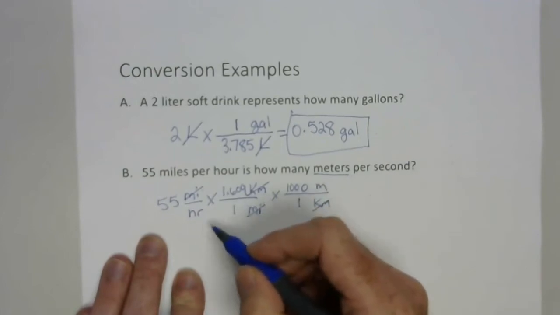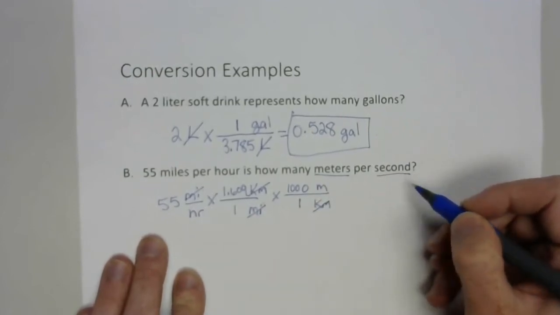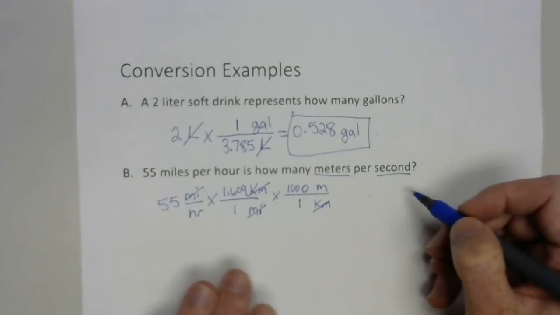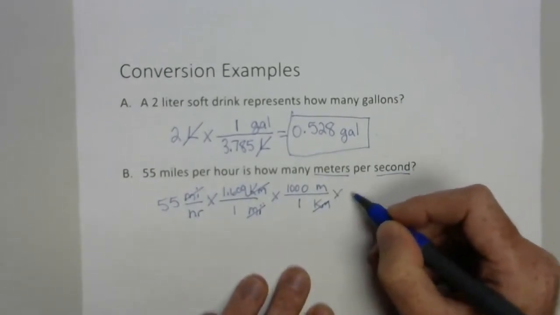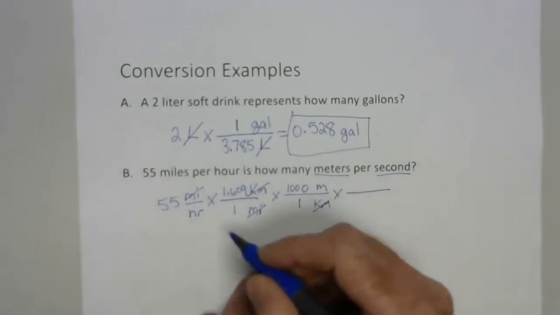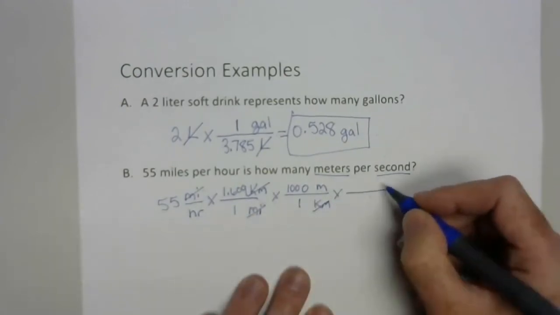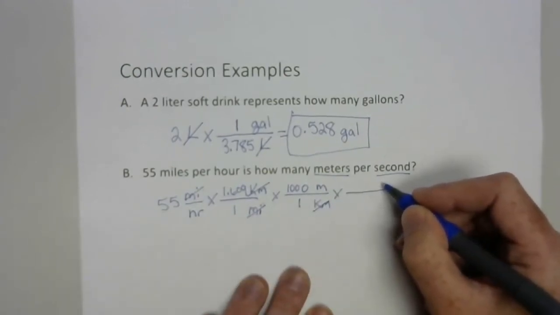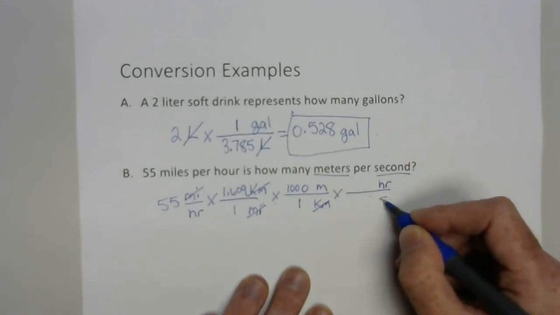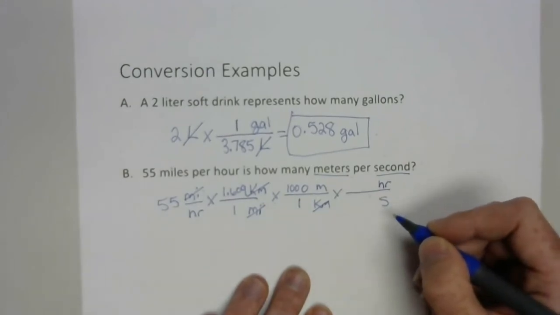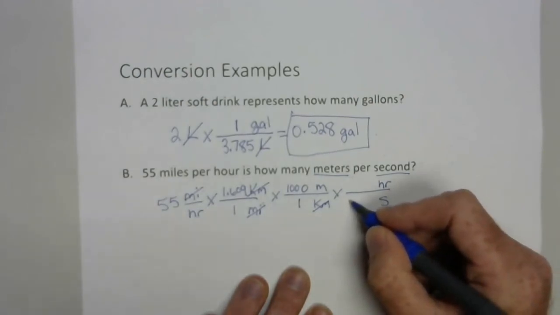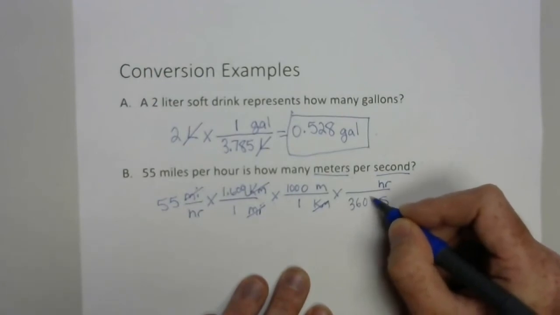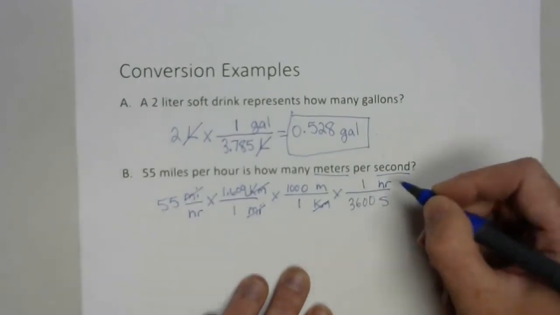But now we're at meters per hour, not meters per second. So we have to convert the time unit. The little bit of a wrinkle is that to get a unit in the denominator to cancel, like in a speed that's very common in physics, you're going to have to put the hours in the numerator and the seconds in the denominator. And since there's 60 seconds in a minute and 60 minutes in an hour, that means there are 3,600 seconds to 1 hour.